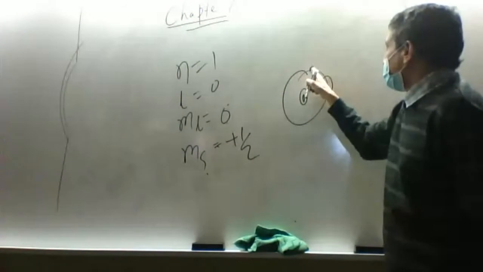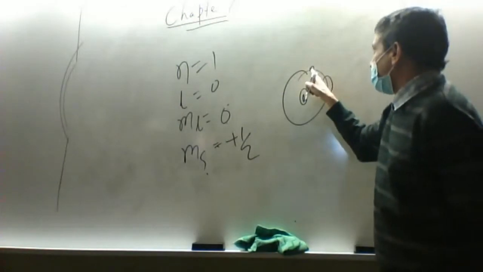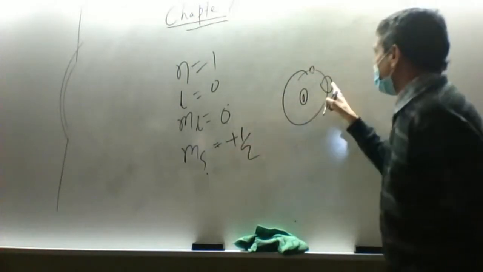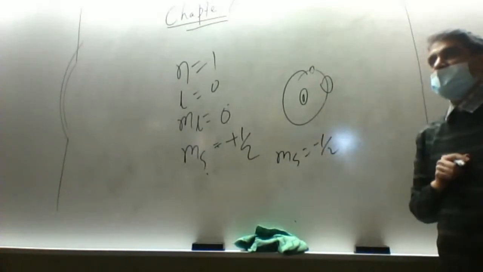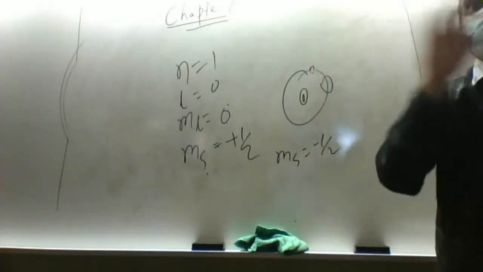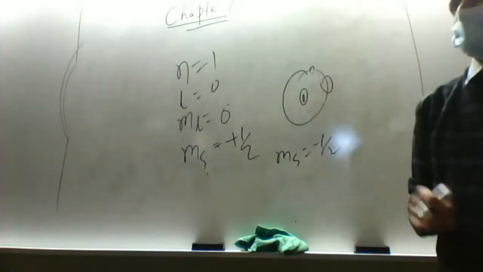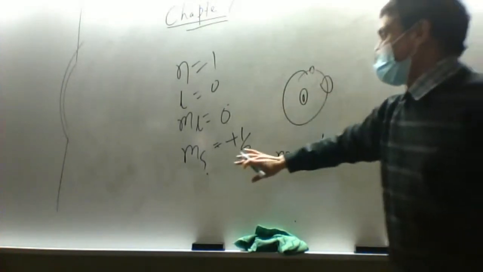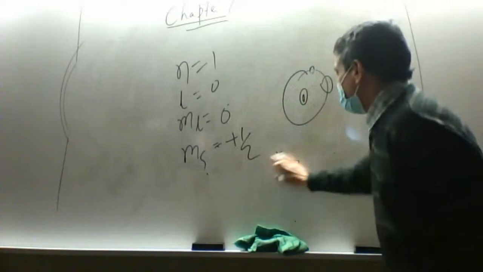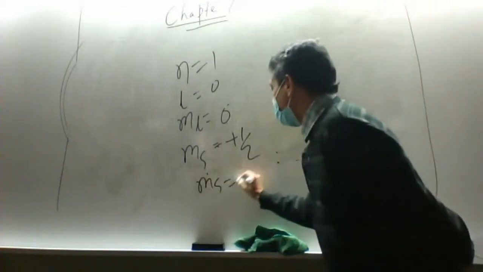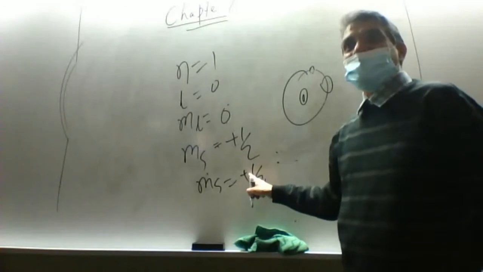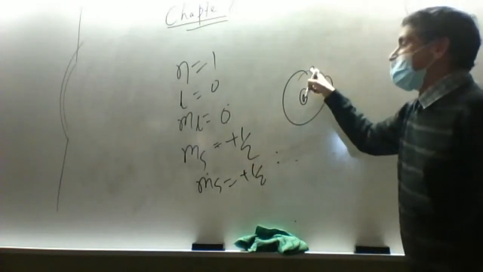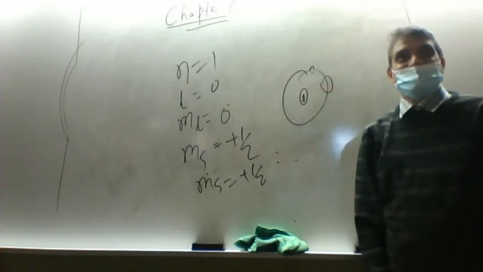So for this one you give +½, for that one you give -½. You see? 2 electrons cannot have 4 same values. If these 2 electrons have the same 4 values, ms equal to +½ and this is also +½, then this electron and that electron are exactly the same electron.